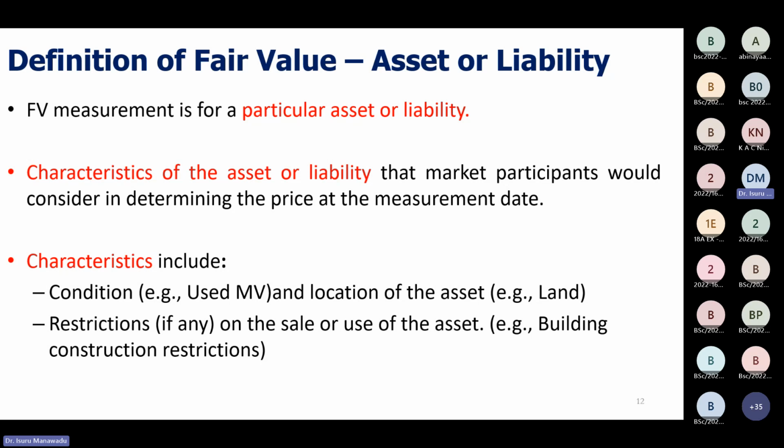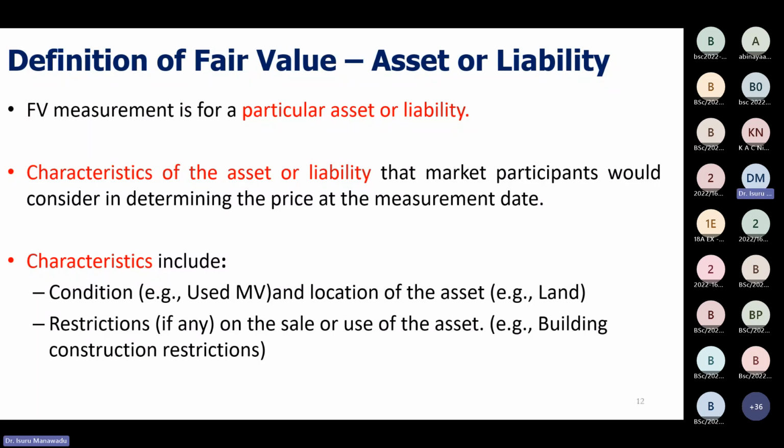Sometimes there are restrictions. Now, for instance, there is a land. On the land, there are high tension wires installed by Ceylon Electricity Board. When we construct something on the land, we need to get permission from the electricity board, right?